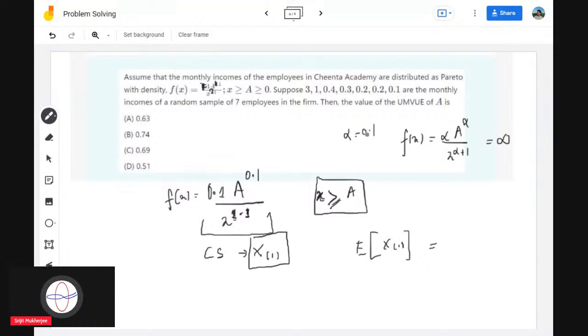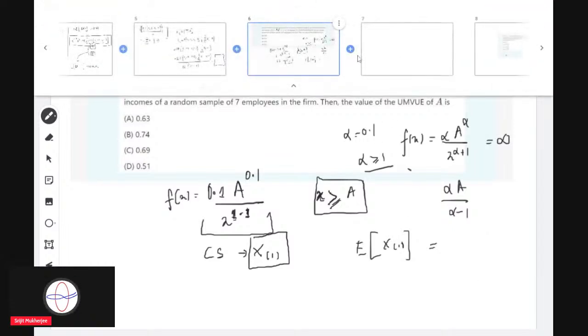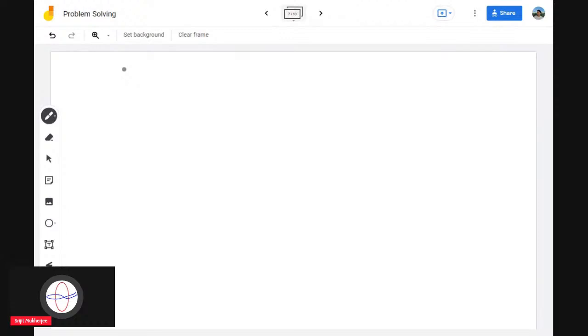But it's a valid question. What is the UMVUE of a? If alpha is greater than or equal to 1, then the mean is turning out to be alpha times a over alpha minus 1. Okay, so let's do it for this only. I think this question is a bit wrong, but let's do it for this. So the Pareto distribution's mean for alpha greater than or equal to 1 is alpha a by alpha minus 1. What did you tell, Romit?